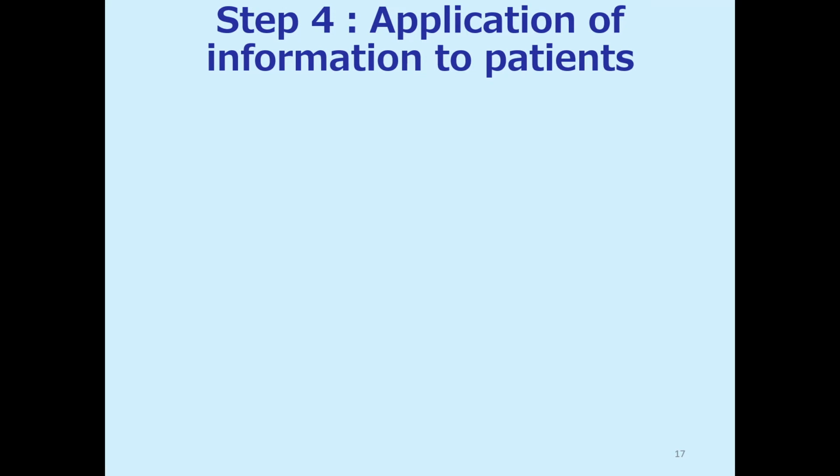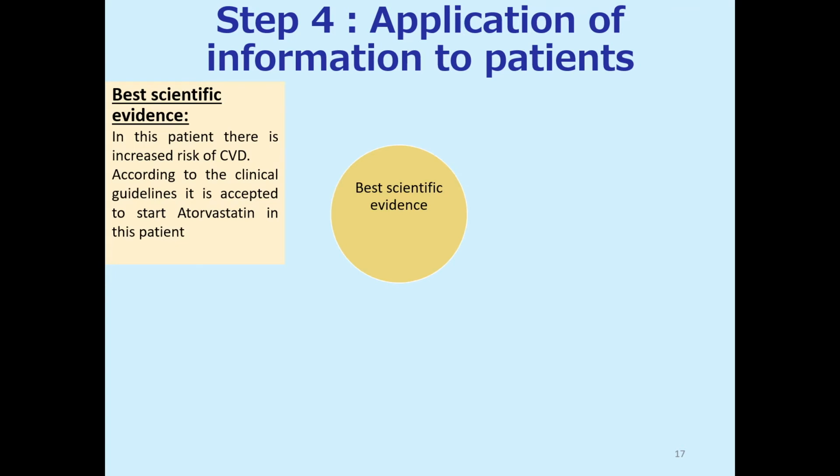Now we will try to apply evidence-based practice in our patient. In this case, what will be the best scientific evidence? As this patient has an increased risk of CVD, according to the clinical guidelines, it is accepted to start atorvastatin in this patient.